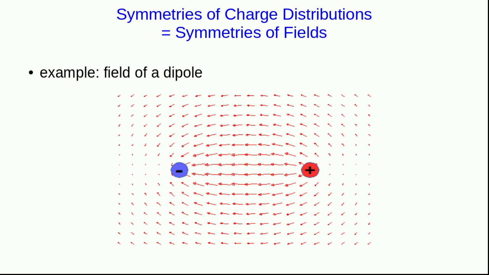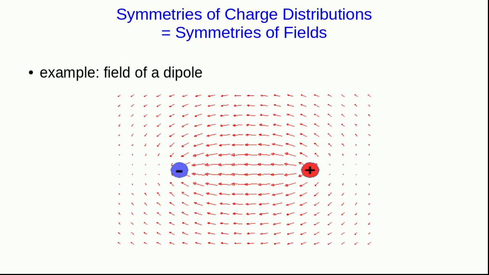You might be wondering what all of this discussion of symmetry has to do with what we've been studying. Well, here it is. If you think about the symmetries of a charge distribution, any geometric operation on a charge distribution which leaves the distribution unchanged must also leave the electric field unchanged.